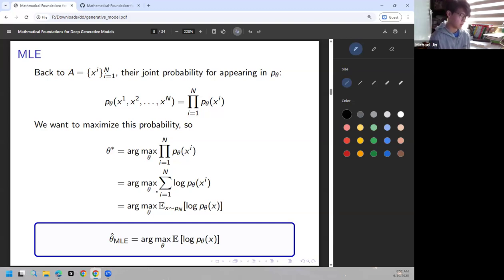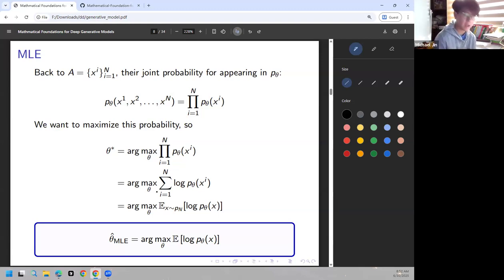So we can go back to the training data that is from x1 to xn, and write down their joint probability of appearing in P of theta, right? We have a probability function that the model tries to fit, which is P of theta, and we hope all of the training samples have a maximum probability of appearing together in P of theta. This means that we have found a good fit for P of theta.